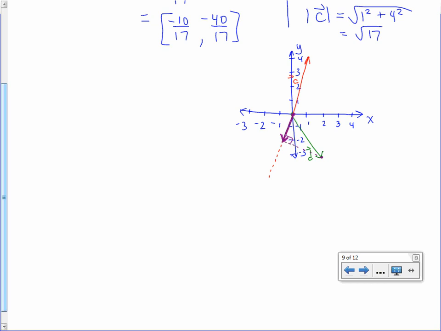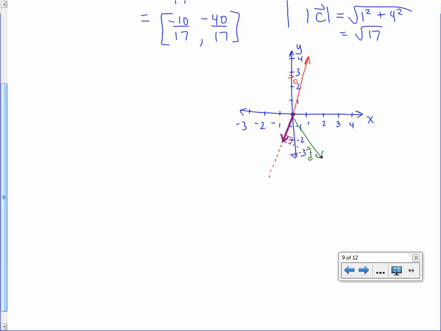Does that purple vector look pretty close to what that is? Maybe a little off, but again, I don't have a grid scale here. If I went a little less than 1 unit left and a little more than 2 units down, that purple vector seems to match the algebraic vector, the Cartesian vector here.